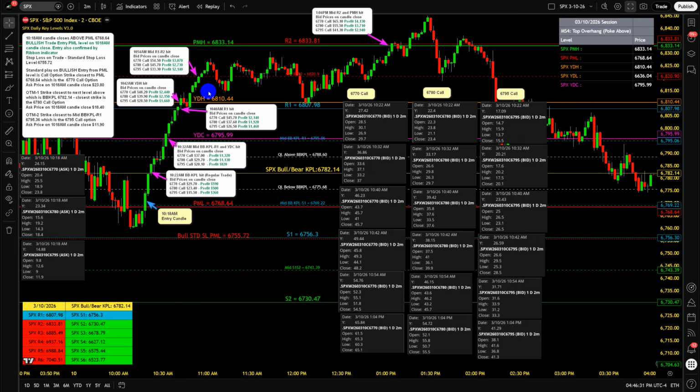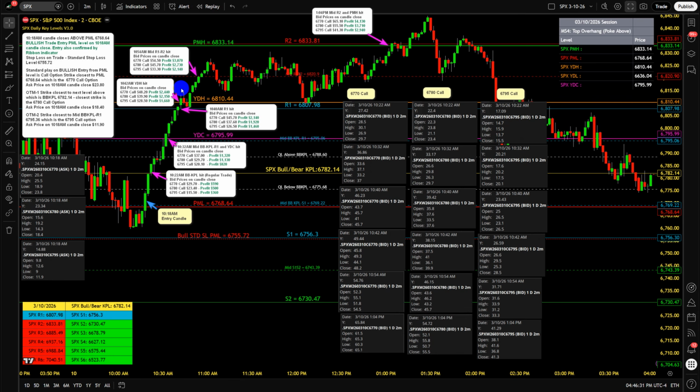The other way is you can just ride it out until it's hitting the exact level that you want, if you don't want to go by the ribbon indicator as an additional confirmation of when to finally exit the remaining runner.